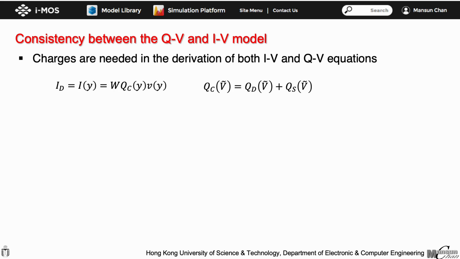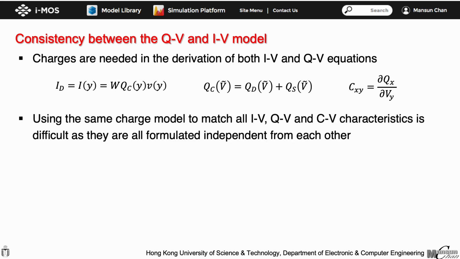In the derivation of the IV equation, an expression of charge in terms of voltages is required after the integration over the channel region. Ideally, the charge used in the IV equations and the charge used in the CV equations should be the same. But it is in general very difficult, as they have to fit different sets of curves that are derived independently from each other.